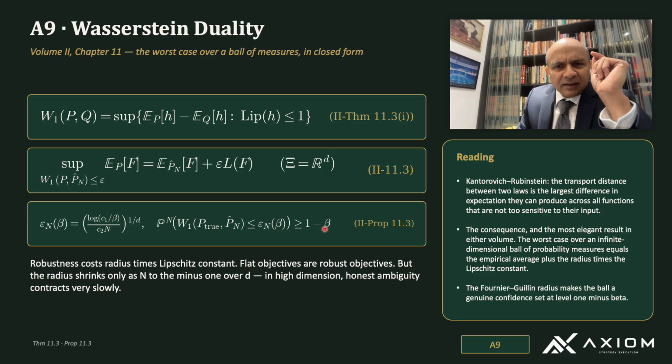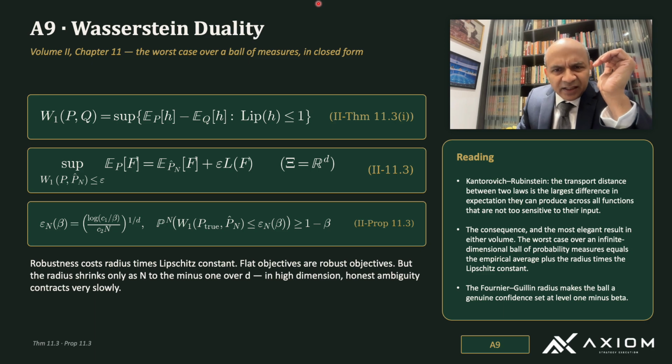Now notice the exponent. The radius shrinks only as the sample size to the power minus 1 over d. Over here you can see the exponent. Okay, so in high dimension, honest ambiguity contracts very slowly indeed, and no amount of enterprise data rescues it.